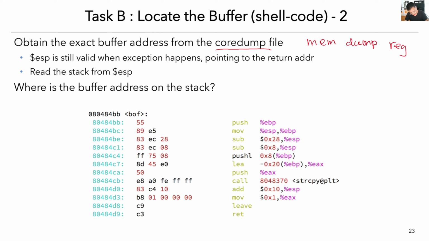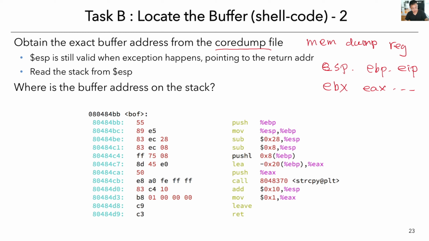So this includes the ESP, for example, EBP, EIP, and also the general registers, such as EBX, EAX.